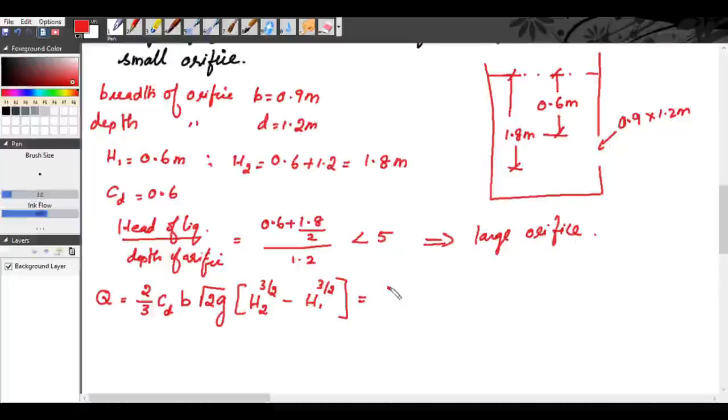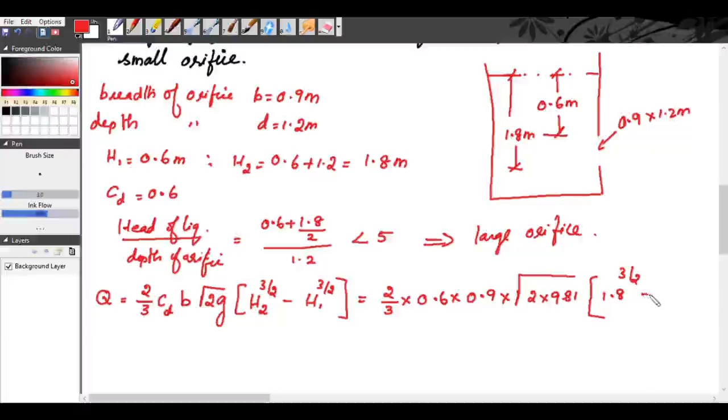So substituting, we get 2 by 3 into CD, given as 0.6, multiplied by B, which is 0.9, multiplied by square root of 2 into 9.81 into 1.8 raised to 3 by 2 minus 0.6 raised to 3 by 2. So we get our discharge Q equal to 3.1097 meter cube per second.